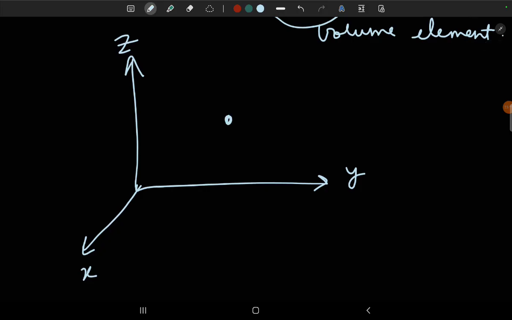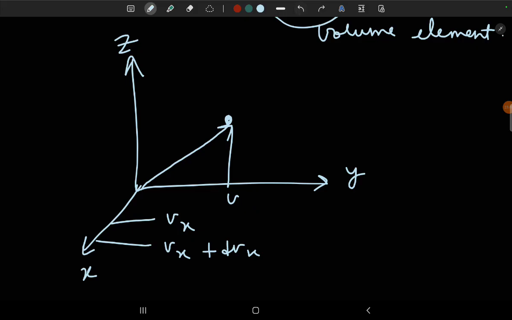We have a velocity vector here, which was such that it is from vx to vx plus dvx, from vy to vy plus dvy, and from vz to vz plus dvz.